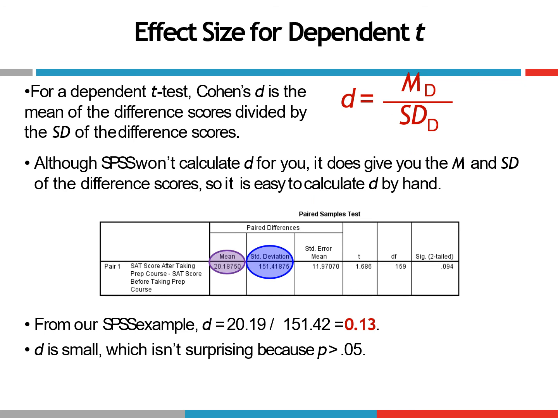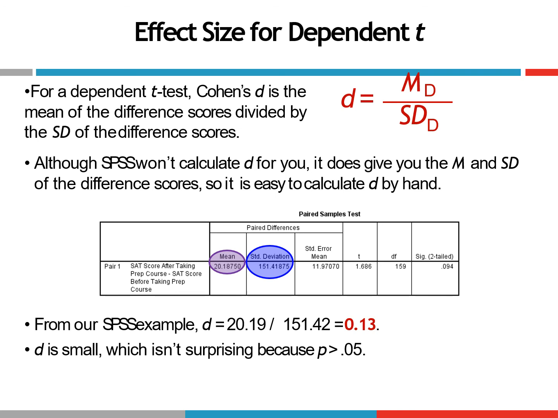For a dependent t-test, Cohen's d is simply the mean of the difference scores divided by the standard deviation of the difference scores. Again, SPSS won't calculate this for you, but it will give you the mean and standard deviation for the difference scores.